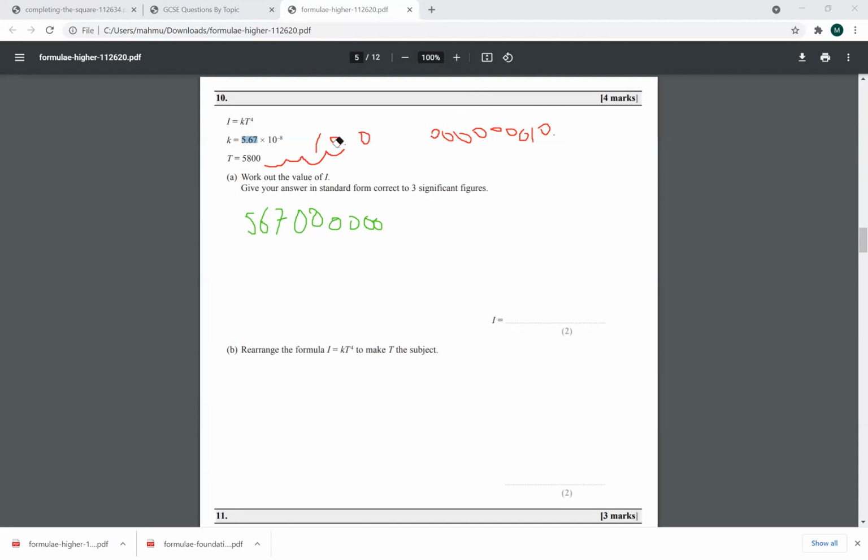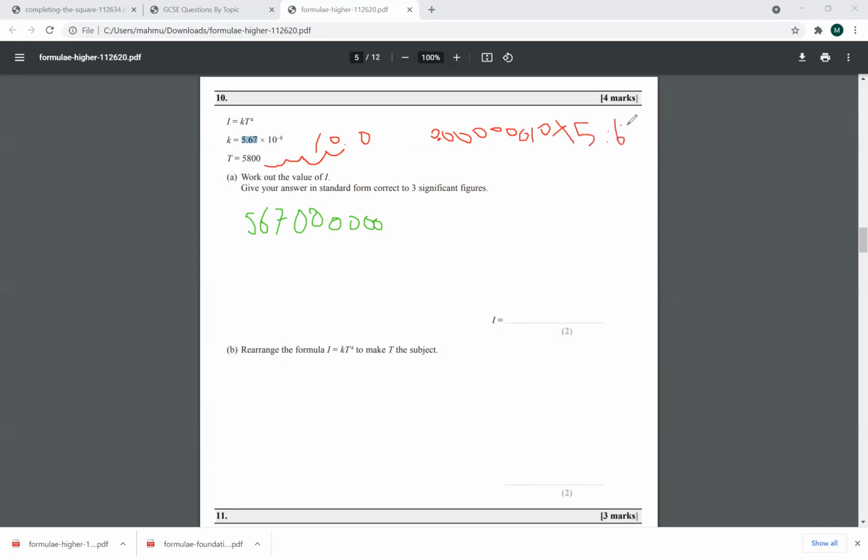In standard form, if it's a minus, we move it to the left. If it's a plus, we move it to the front. So I had the dot here after the 0. 1, 2, 3, 4, 5, 6, 7, 8. So now the dot is here, the new dot. So I've got 8 digits, and I times this by 5.67.